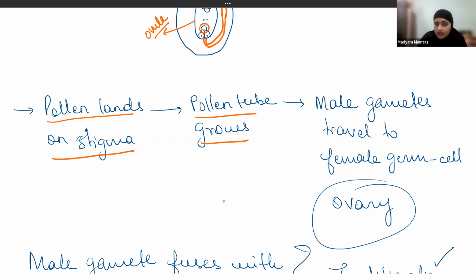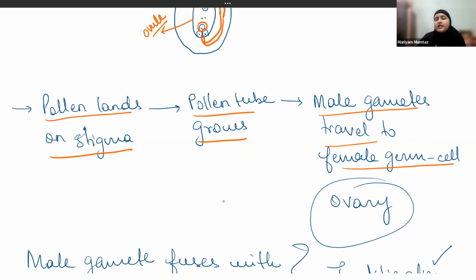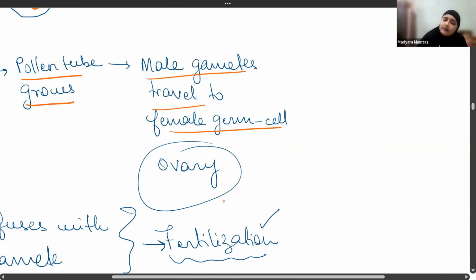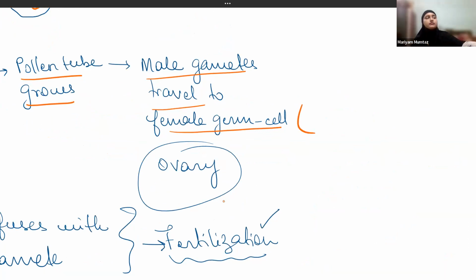Pollen tube grows, and then the male gametes travel to the female germ cell. What is the female germ cell? What is the name? Tell me the name. Male gamete travels to the female germ cell. Ovule. Ovary.